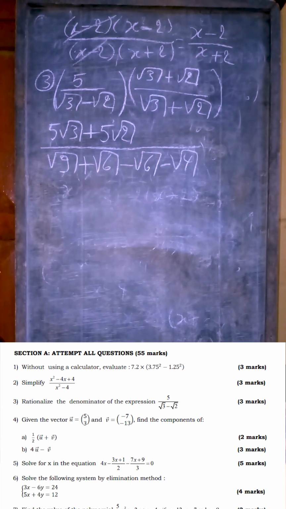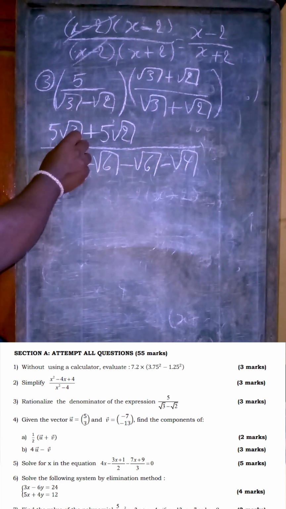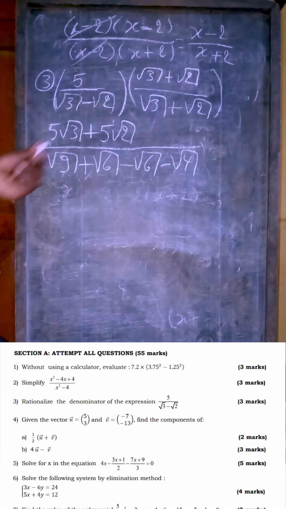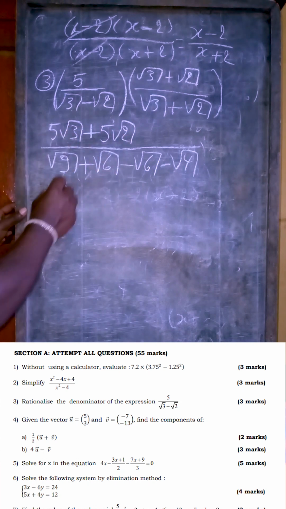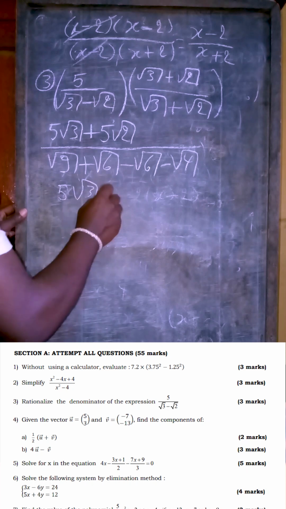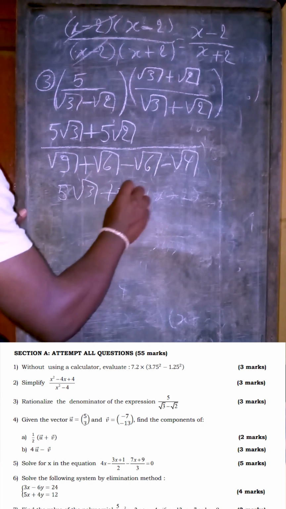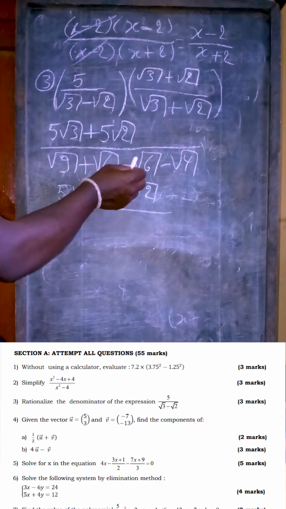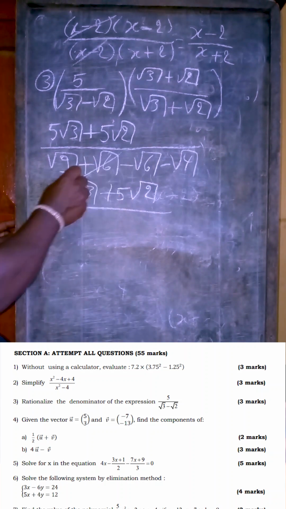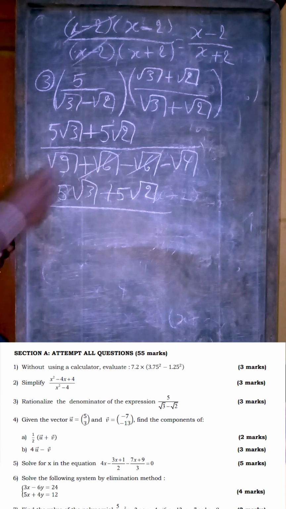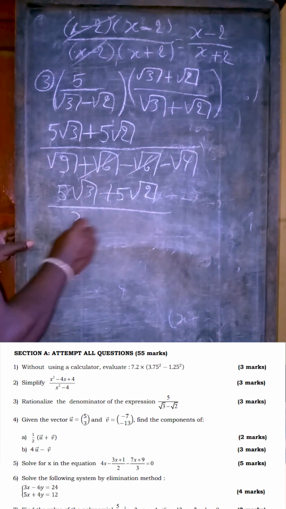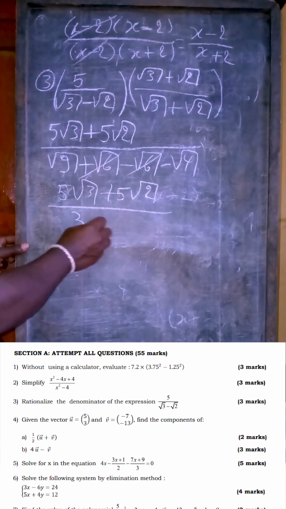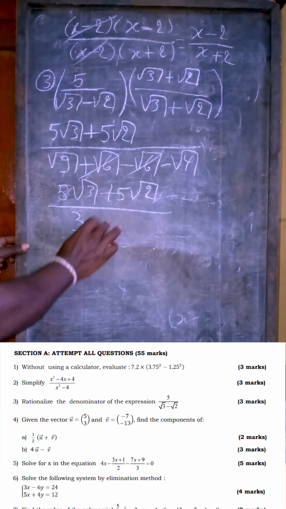Here we have 5 square root of 3 plus 5 square root of 2. Because the numbers inside the square roots are not the same, we have to leave this as it is, there is no change. It will be 5 square root of 3 plus 5 square root of 2, then over: here we have a plus square root of 6 and a minus square root of 6. They are removed together. The square root of 9 is 3. Here there is a minus square root of 4, which is 2.